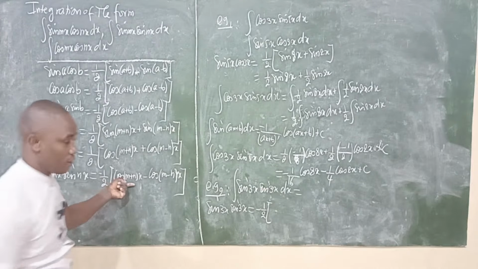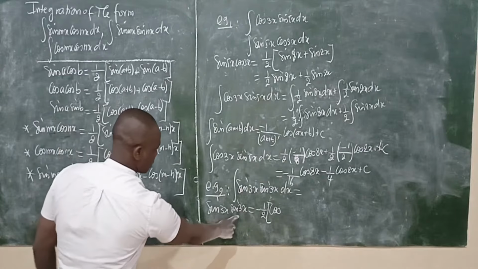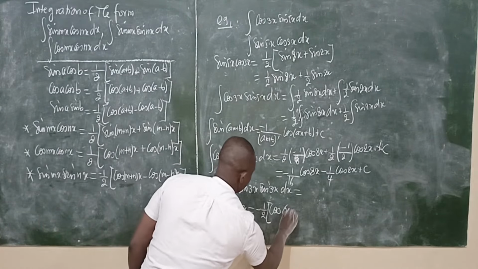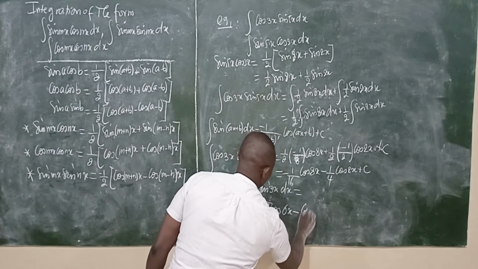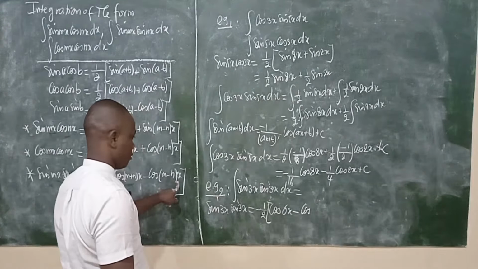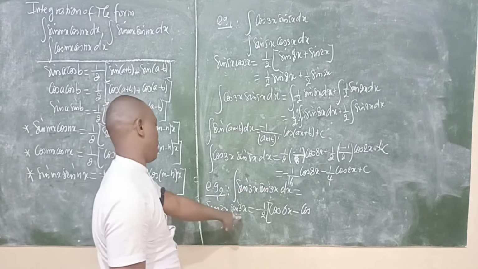This is minus 1 over 2 into, using this formula, cosine 3x plus 3x, that is 6x, minus cosine of 0, because up here 3x minus 3x is 0.